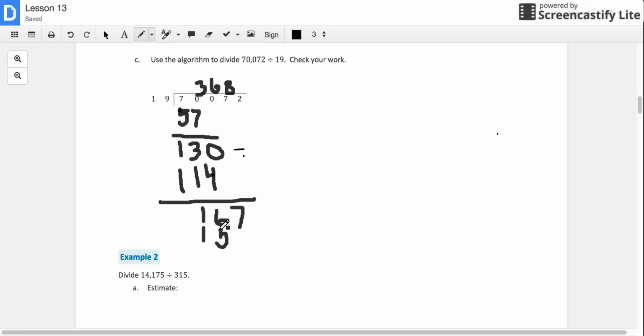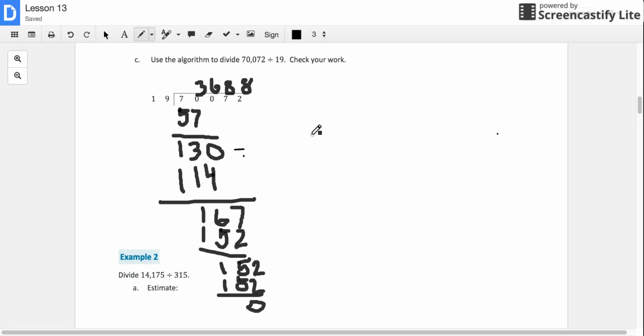When we subtract 167 minus 152, we are going to get 15. And this works out nicely because we're going to bring down a 2. And we already know that 152 divided by 19 is 8. Super. So it's going to be 152, subtracting to get nothing.